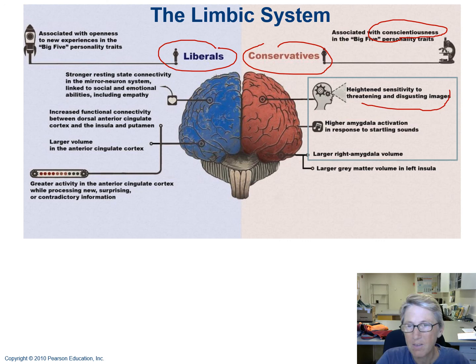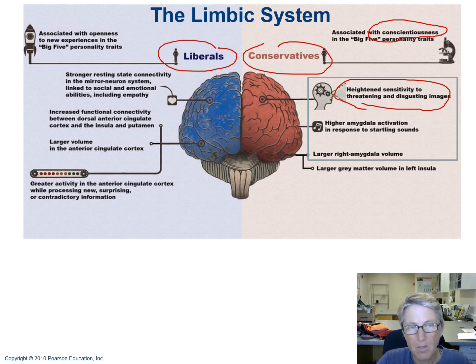Conservatives have a heightened sensitivity to threatening and disgusting images. So for example, if you showed a mild threatening image, it's more probable that a conservative would be scared by that image than a liberal would be.